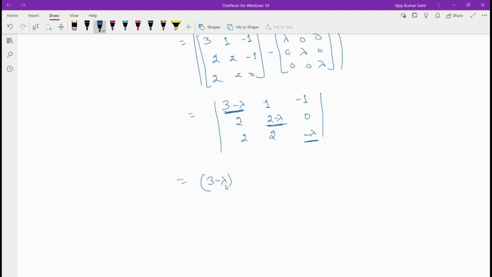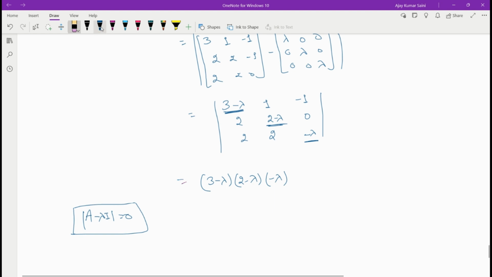Okay, so 3 minus lambda, 2 minus lambda and minus lambda. So from here you can find easily the value of that. So now I can write the determinant of A minus lambda I is equal to 0.